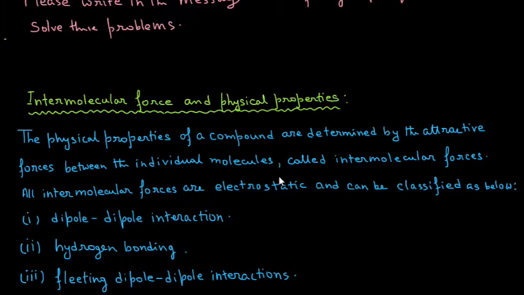All the molecules are made up of atoms, and atoms have some forces among them. Those forces are called intermolecular forces, and properties of a compound depend on those intermolecular forces.